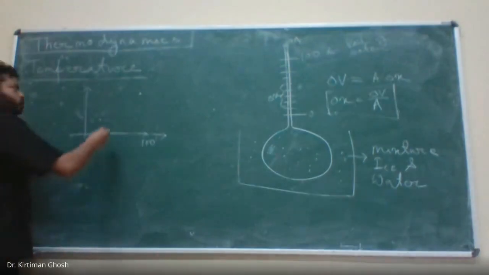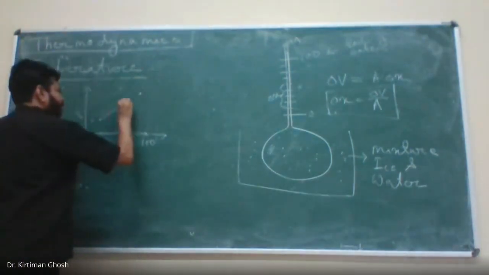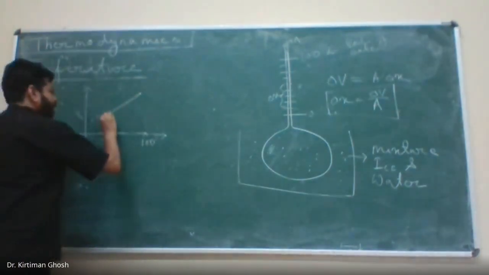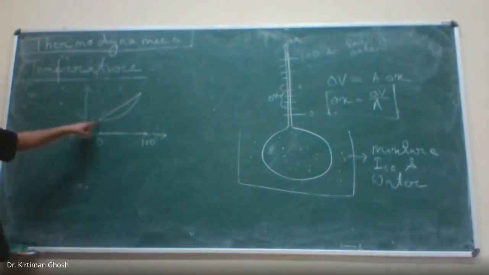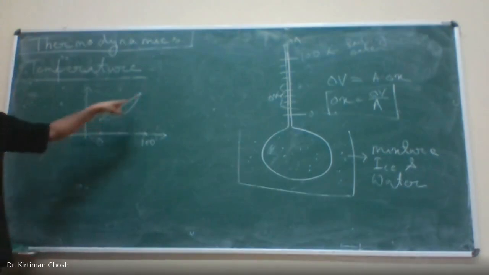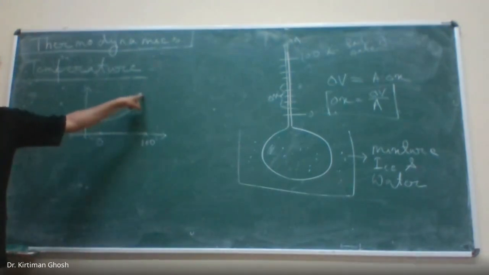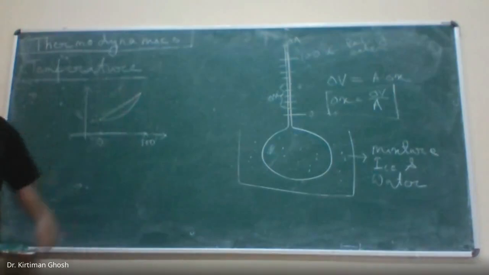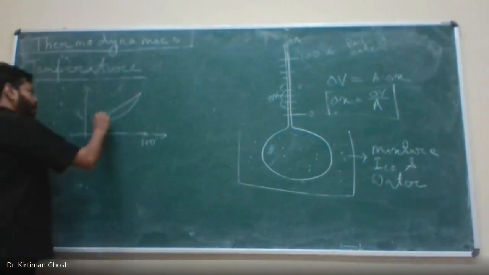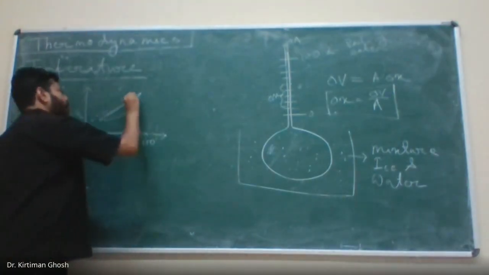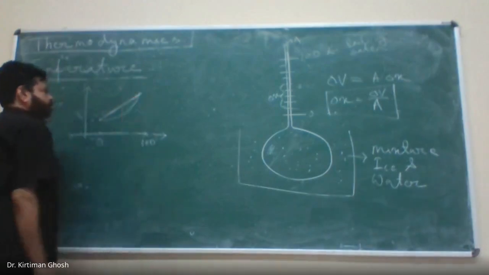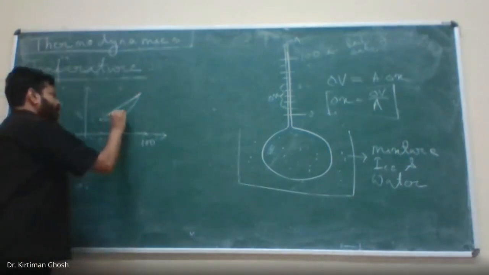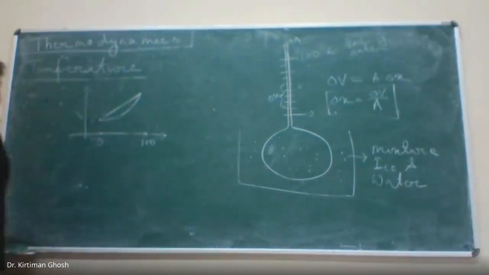But we do not know what happened in between. Either the expansion is linear or non-linear, whatever the expansion, we do not know. So at these two points where the calibration has been done, we will be able to get the correct reading. For example, I am assuming that this mercury thermometer is following this path. So this is how the length changes for the mercury thermometer, and this is how the length changes for the alcohol thermometer.